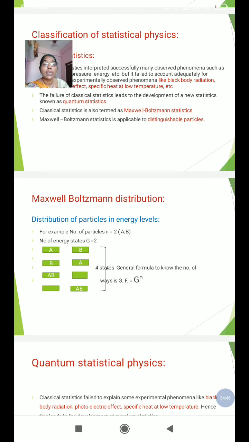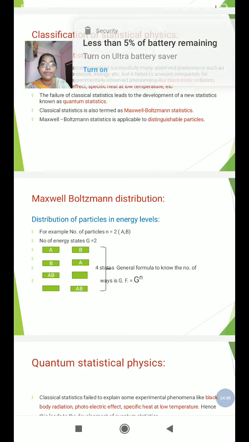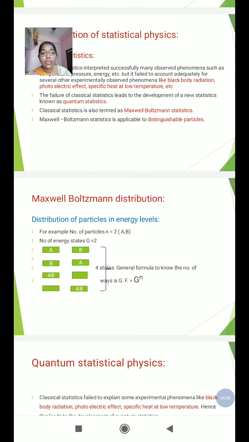Any two particles do not have the same quantum numbers. So here any number of particles can occupy one state, because there is no restriction in classical statistics.